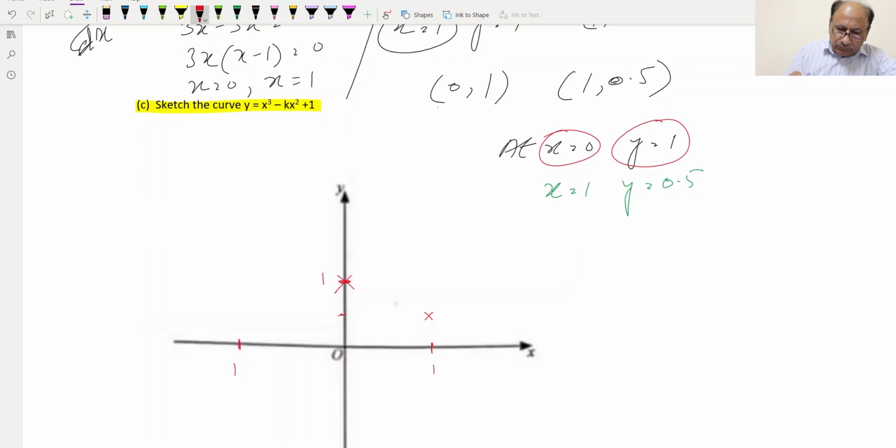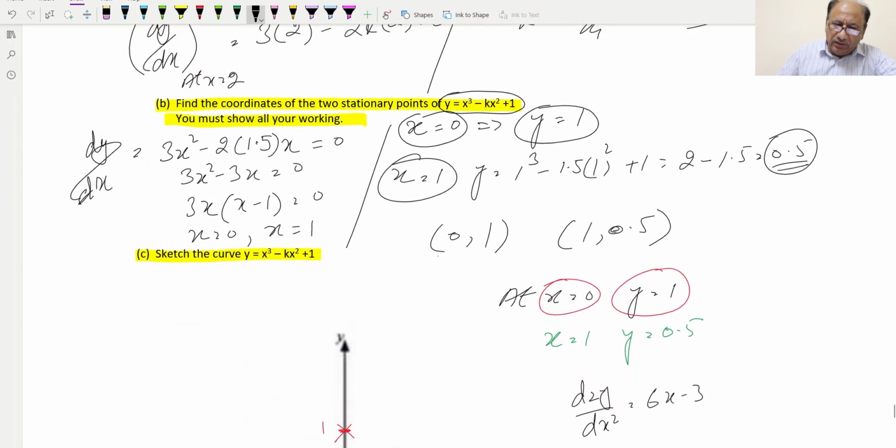Now we can find the maximum point. We need to figure out whether the point (0, 1) is a maximum point or not. For that, we will take the second order derivative, d2y over dx squared, which is 6x minus 3.